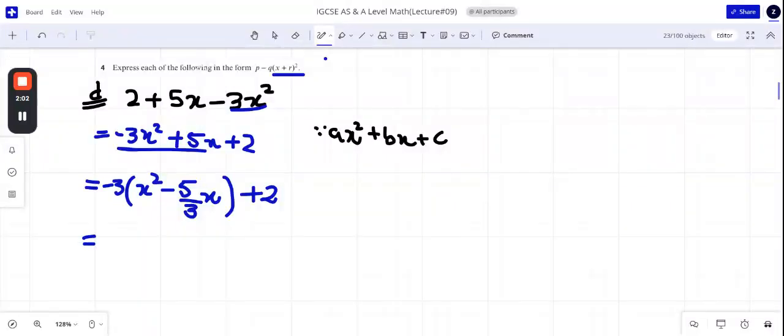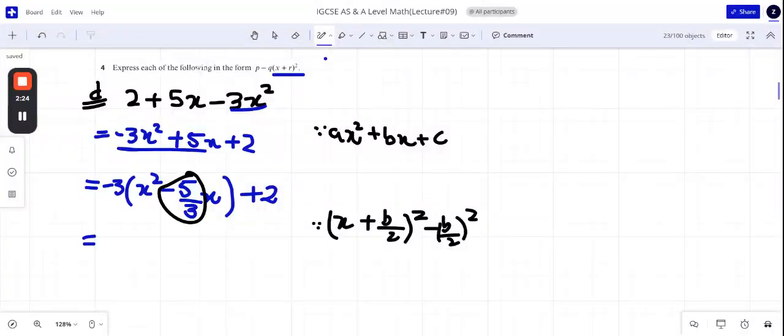Now in parentheses we will apply the completing square formula. The completing square formula is x plus b by 2 whole square minus b by 2 whole square. What is b? b is the coefficient of x. Now the coefficient of x is minus 5 by 3.